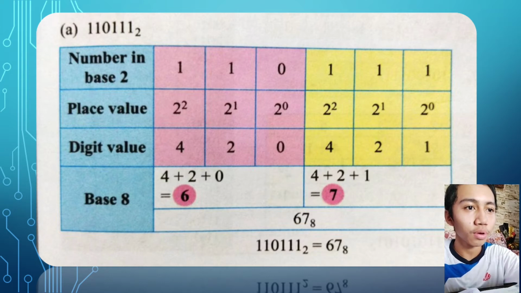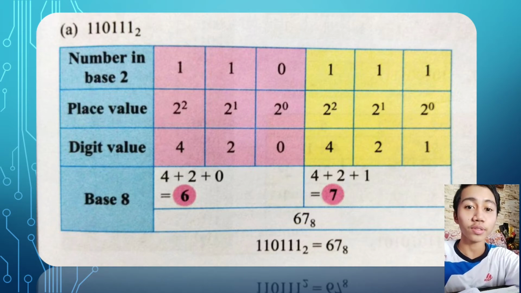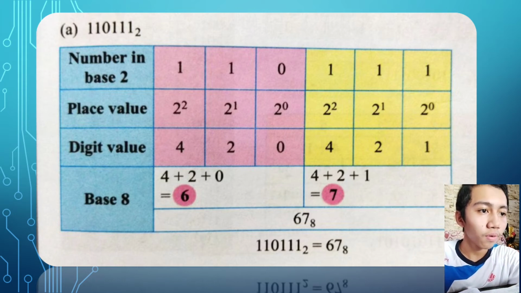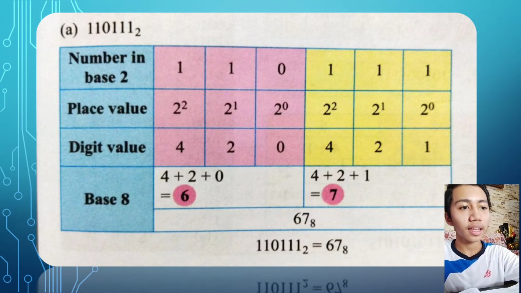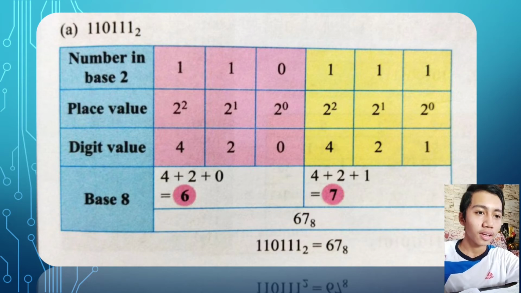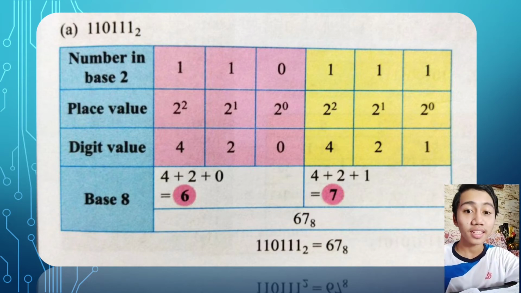So as you get to see, for 110, when we get the digit value, which is 4, 2 and 0, we must add it together. 4 plus 2 plus 0 is equal to 6. But for the second 3 numbers, we get 4 plus 2 plus 1, which is 7. Then to get the answer, you just need to mix the numbers together.